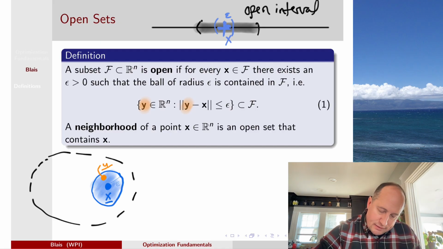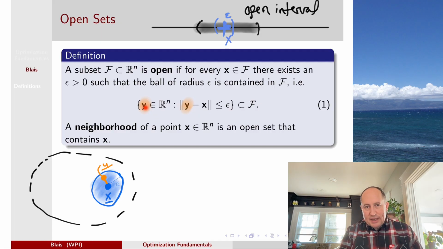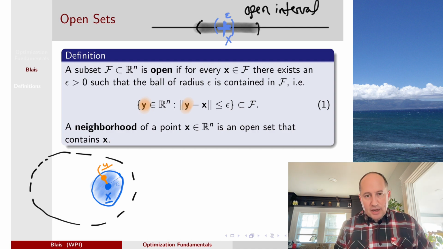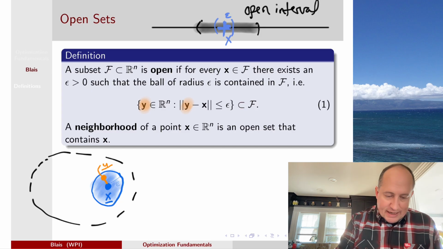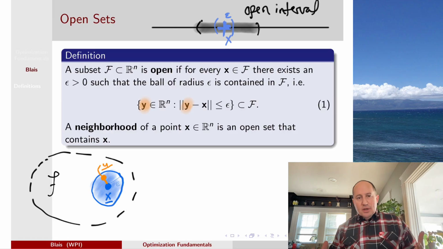That's going to be the length of this line segment. And so this set notation here is saying all the vectors y that are within a distance of epsilon of x. So that would be all the y, all the possible orange points inside this ball, collectively making up that ball. Okay? That ball is inside our set F. And that's what it means for it to be open.